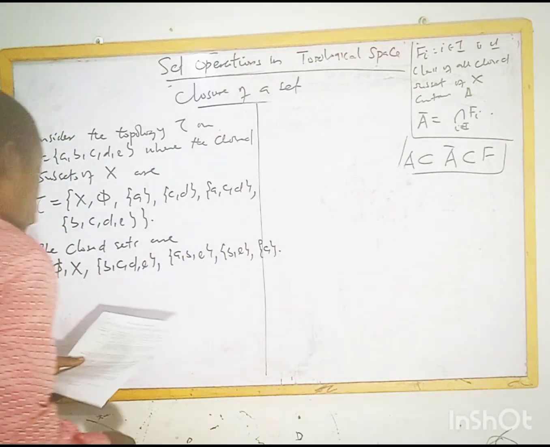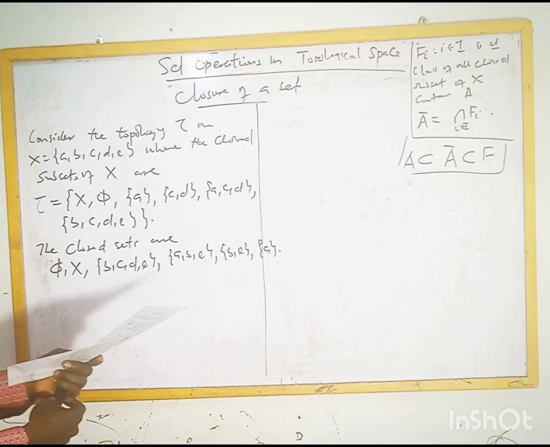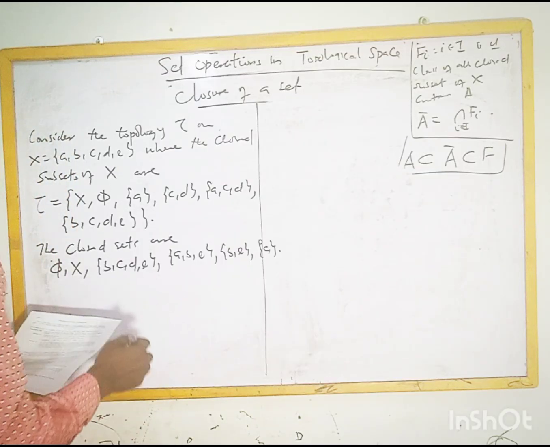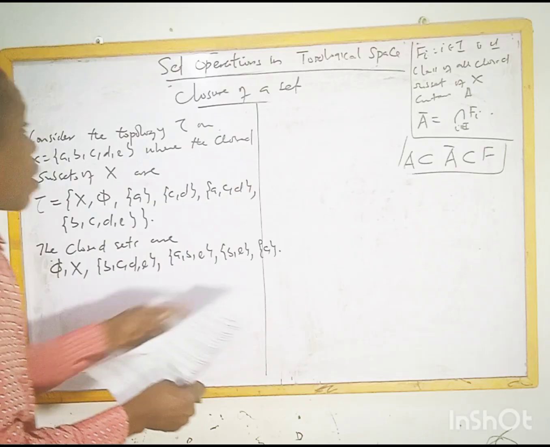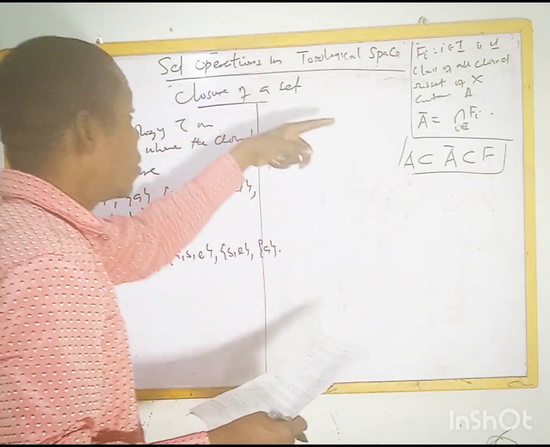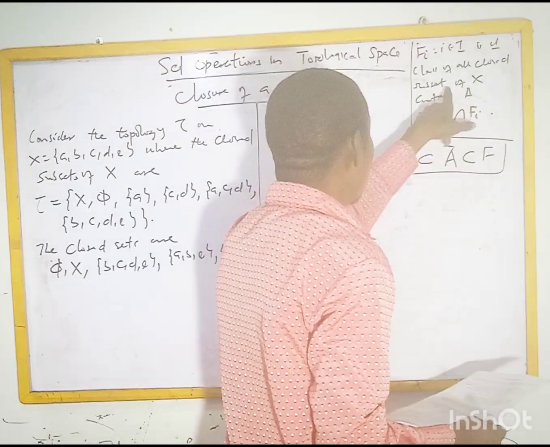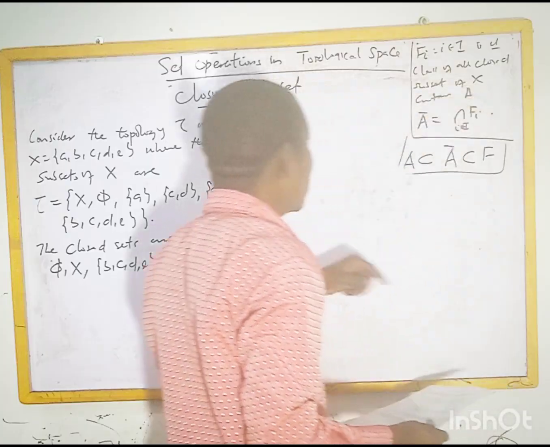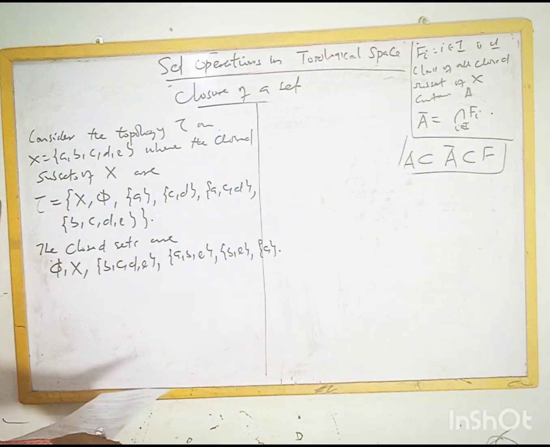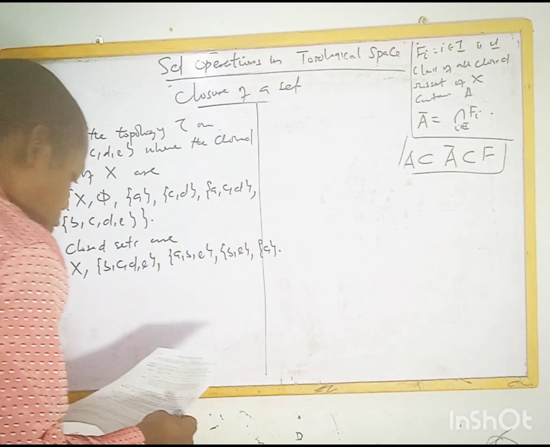Now, what will be the closure of the set B? Based on the definition, the closure is given by the class of closed subsets of X containing A. What do we need to do?